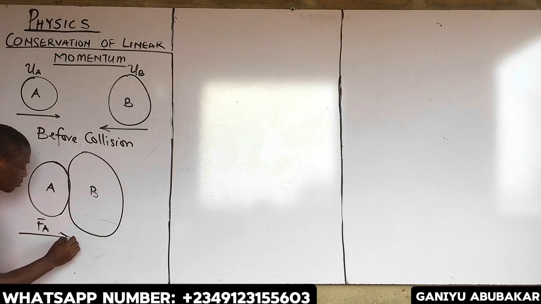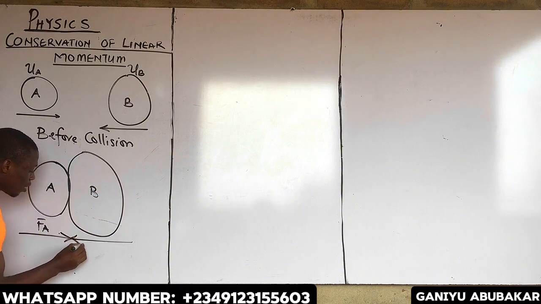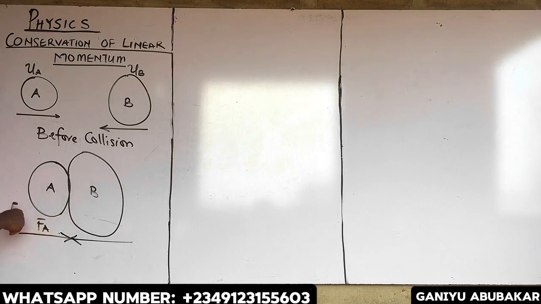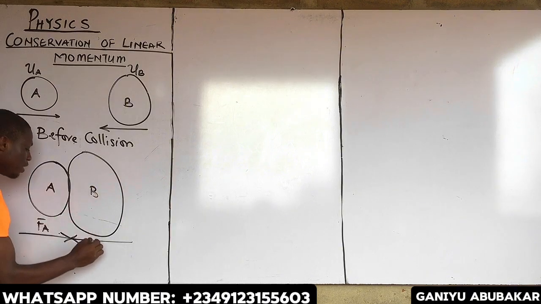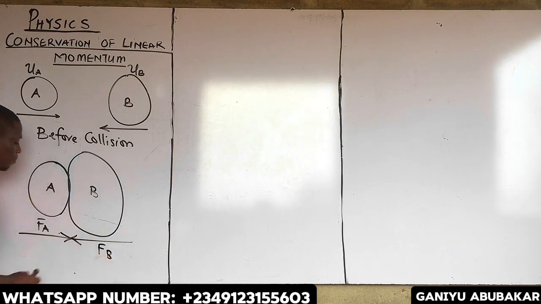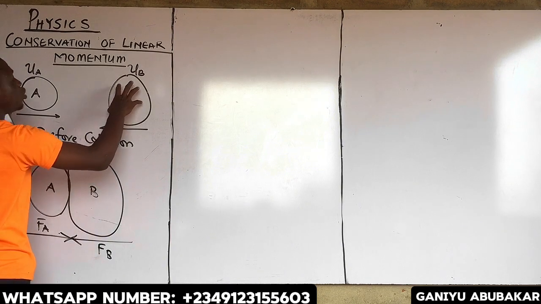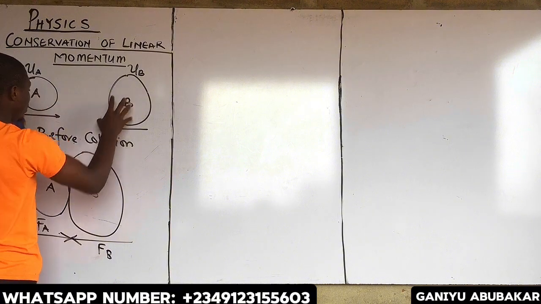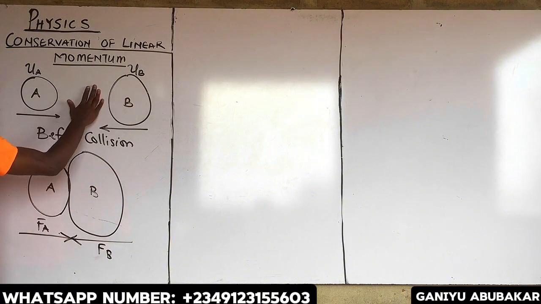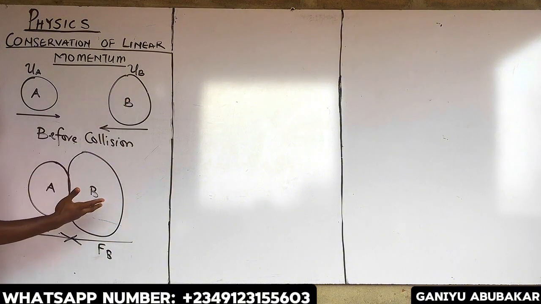And object B also hits object A with a particular force, let me call it FB. So this is before collision: the objects are separated such that they are coming in opposite directions.